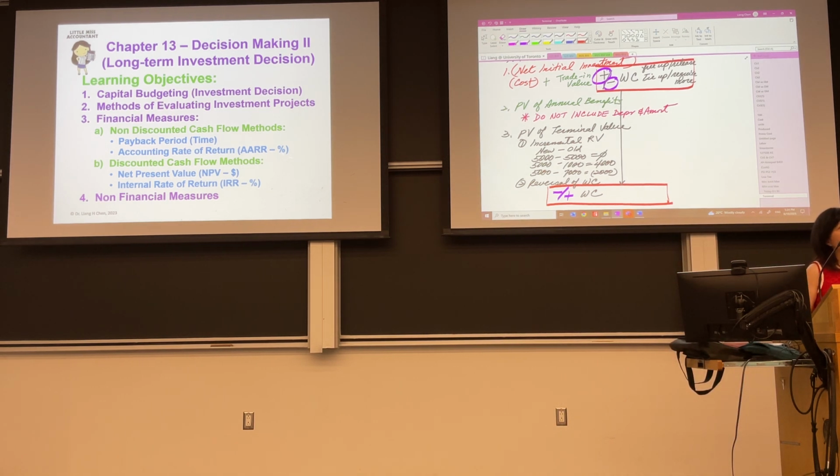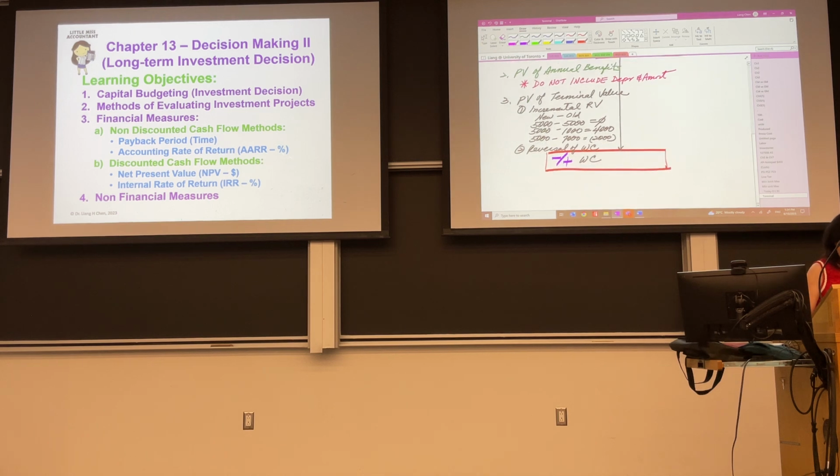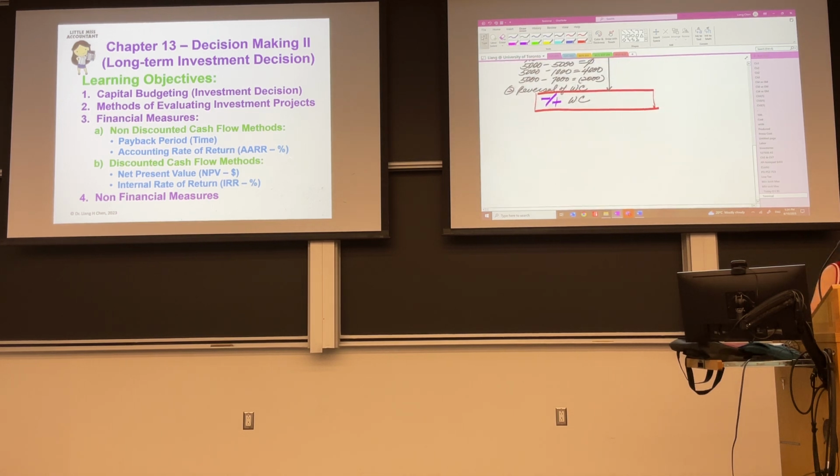So what is this working capital? Okay, students always make mistakes. Let's say with the old machine, a lot of problems, jammed up, bottleneck. Okay, waste a lot of material. So the material inventory, I need to have $50,000 always, $50,000 in inventory, material inventory. Okay, so now I'm thinking to buy a new machine.